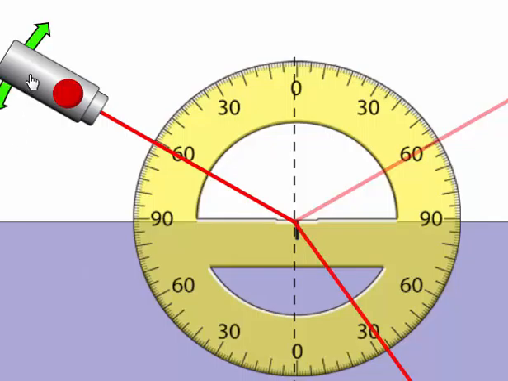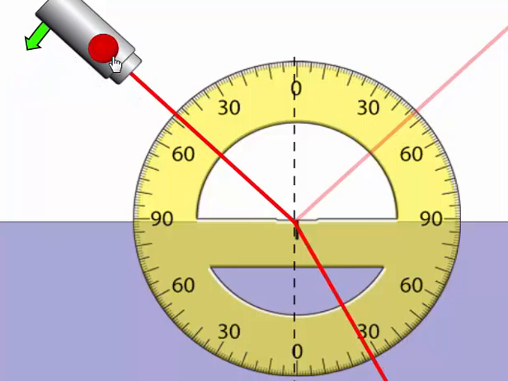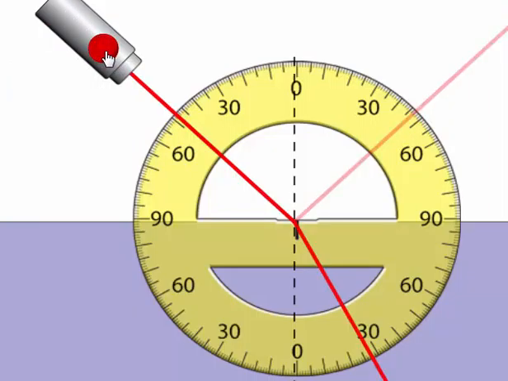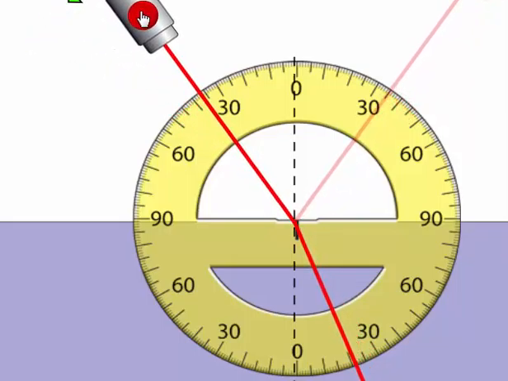Let's go to the third trial. There you go. Now measure this angle of incidence. Measure this angle of incidence and the corresponding angle of refraction. Our next trial, there you go.